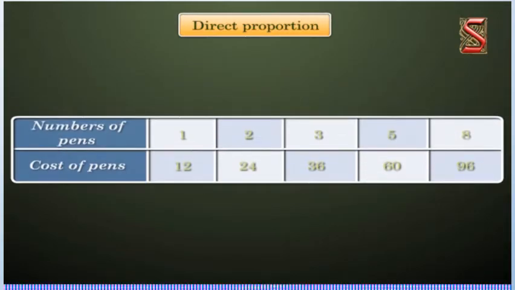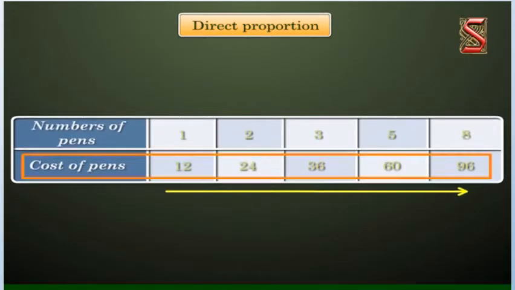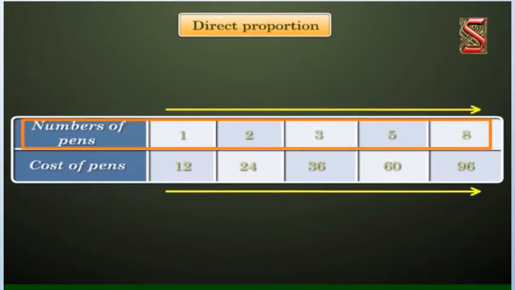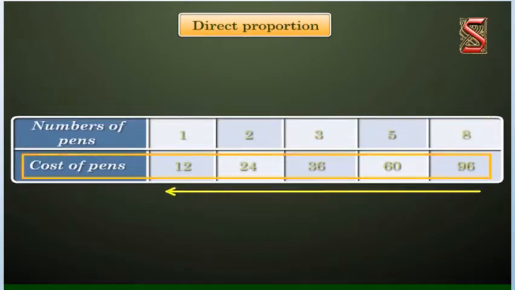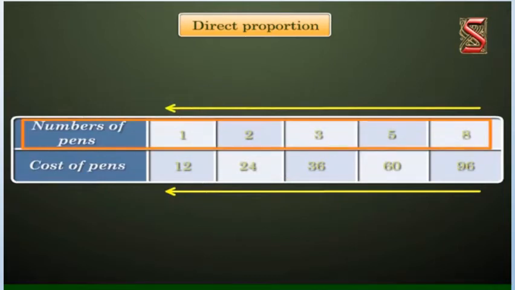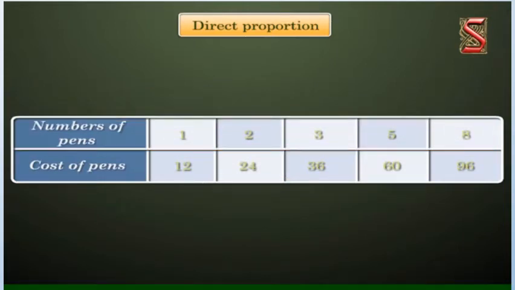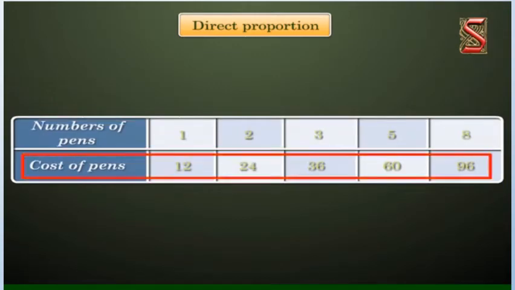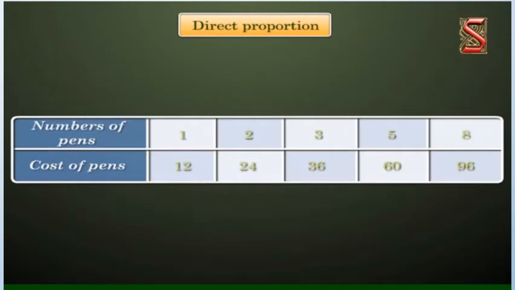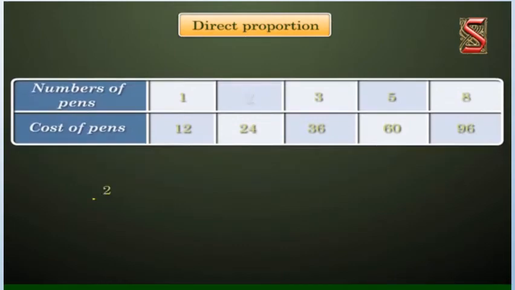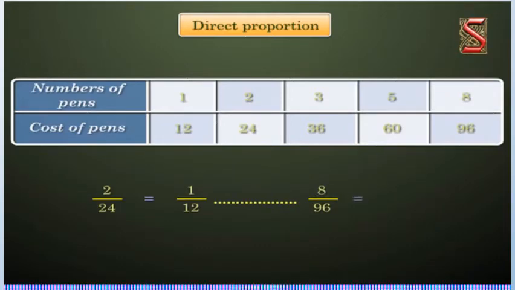So we see that the cost of pens increases as the number of pens increases. Cost decreases if the number of pens decreases. From the table, we also see that the ratio of number of pens to the cost of pens remains constant. That is, 2 by 24 equals 1 by 12, and 8 by 96 is also equal to 1 by 12.